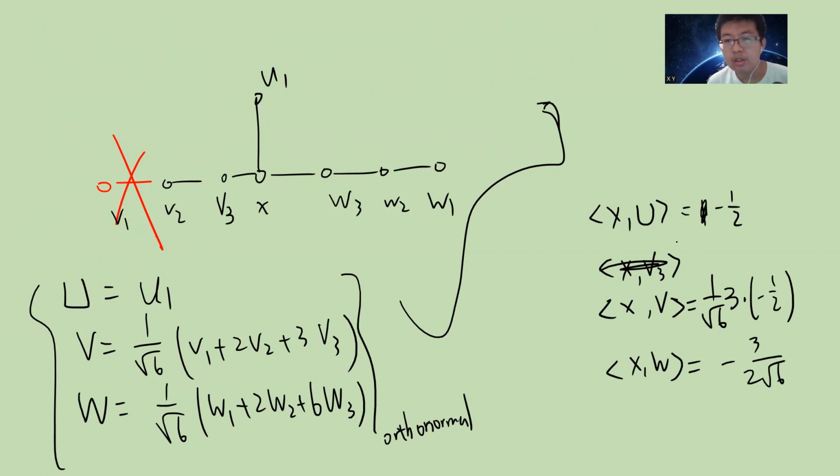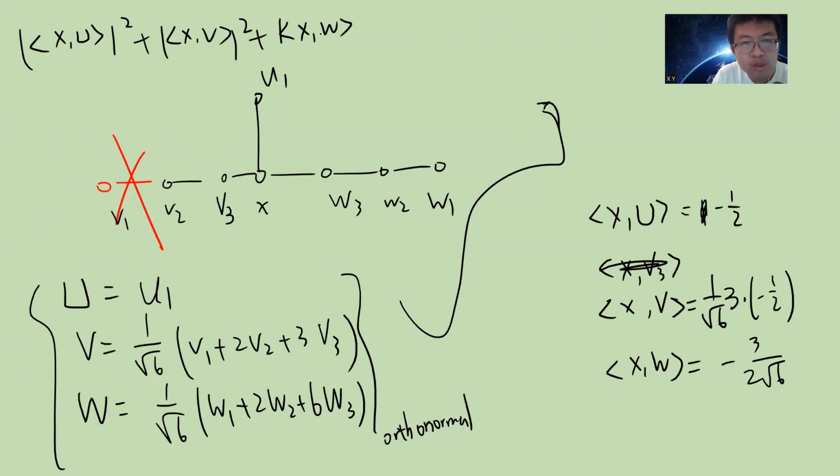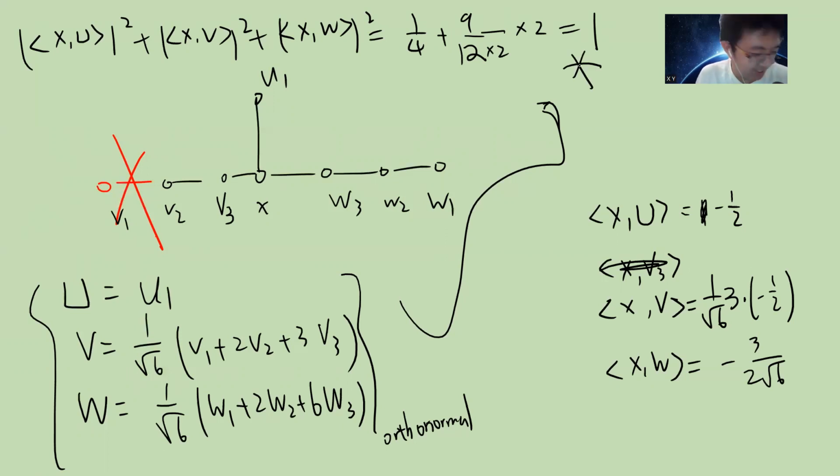Okay, so let's add the squares. So XU squared plus XV squared plus XW squared: 1 divided by 4 plus 9 divided by 12, 9 divided by 4 times 2 times 2. Okay, so I get 1. So contradiction by Bessel's inequality.